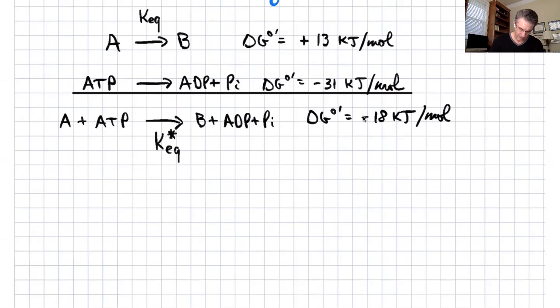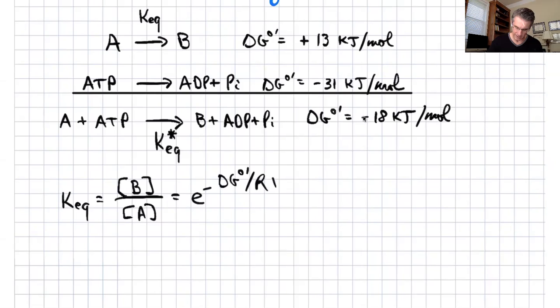So we know that Keq, that equilibrium constant for that key A to B transition, would just be the concentration of B over the concentration of A, which is now just going to be equal to e to the minus delta G naught prime over RT. You guys hopefully remember that. So the equilibrium constant here is going to be somewhere in the range of about 1 times 10 to the minus 3. Like I said, not really going to happen.